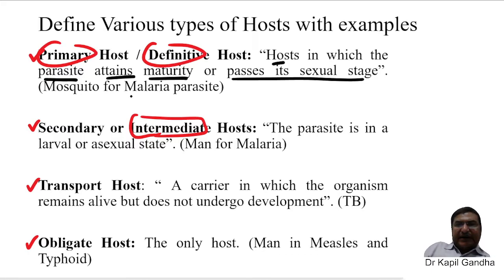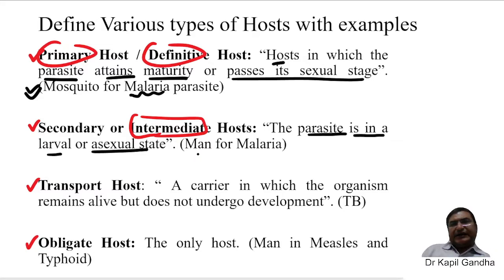For example, in case of malaria, the mosquito is the primary or definitive host. What about the secondary or intermediate host? The parasite is in larval or asexual state only. It doesn't attain maturity or pass through the sexual stage. For example, man in malaria.